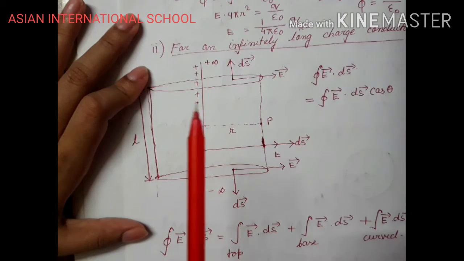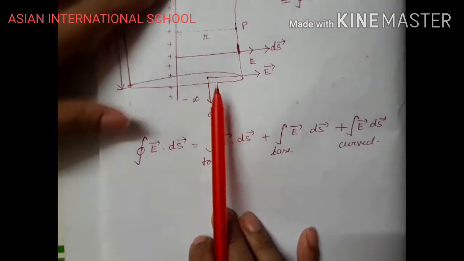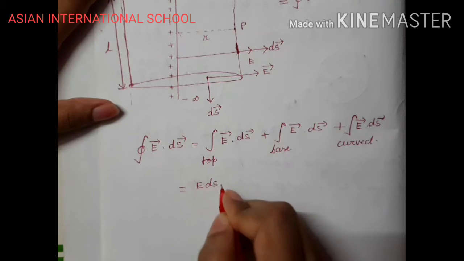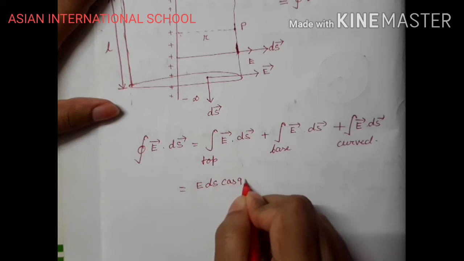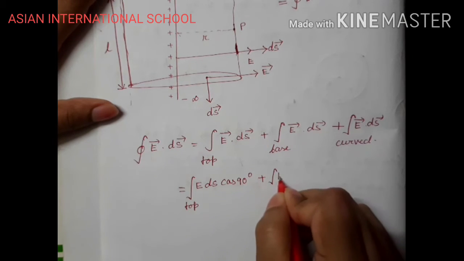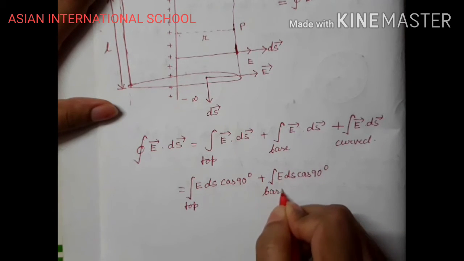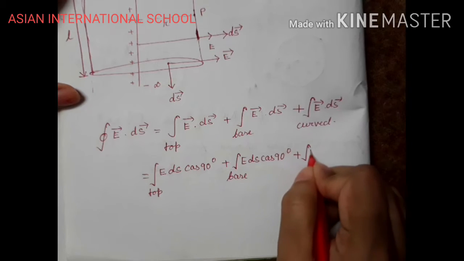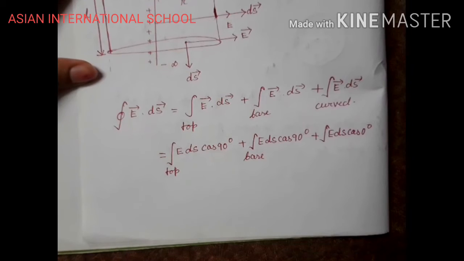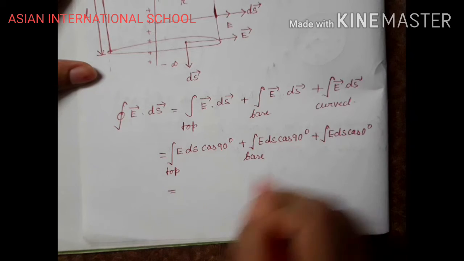So in all the cases they are making an angle of 0 degree. So this can be written as E dS cos 90 degree for the top, E dS cos 90 degree for the base as well, and for the curved portion E dS cos 0 degree, okay? So cos 90 becomes 0 for top and base.